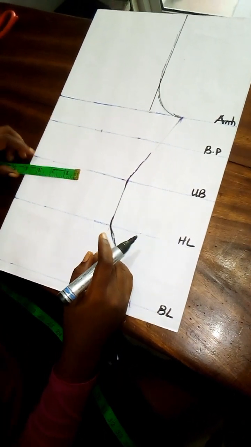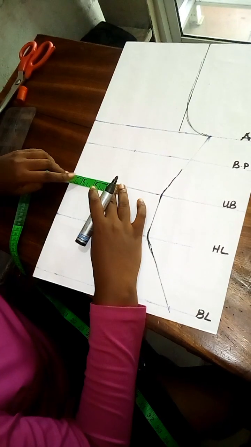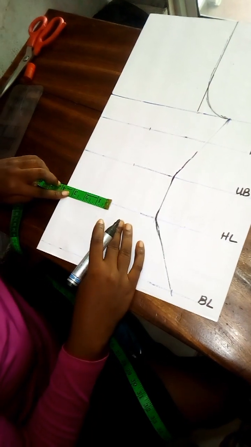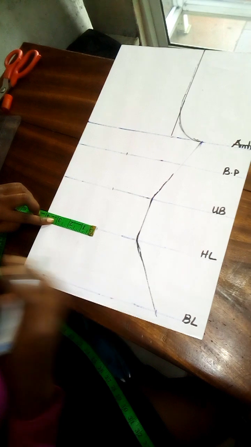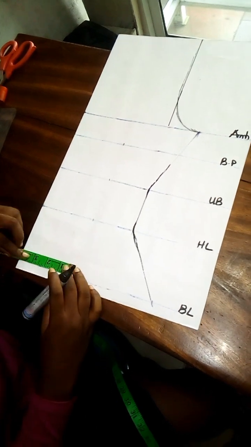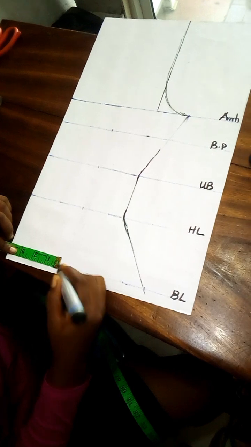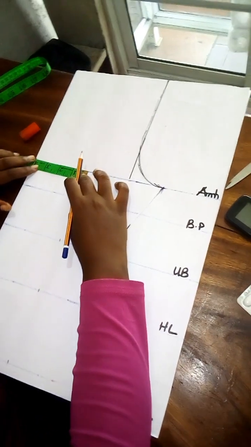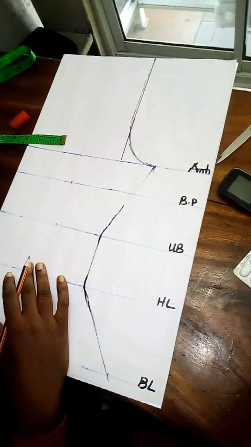You can use your tape to check it, or you calculate it. Yes, because I'll be taking my dart from there, snatching the waist and every other thing from there. It's a corset, so it has to be well drafted, perfectly drafted, so that you can have the snatched waist look.